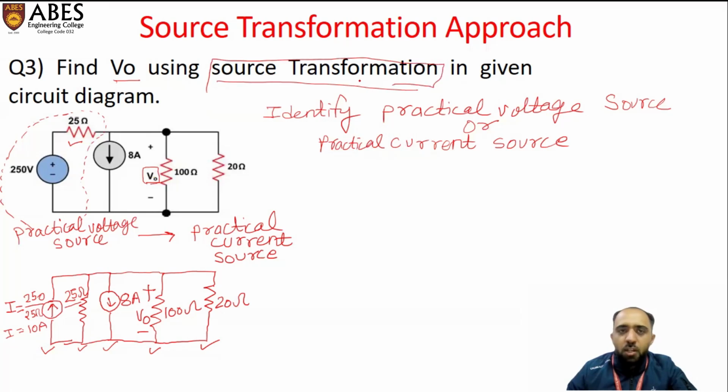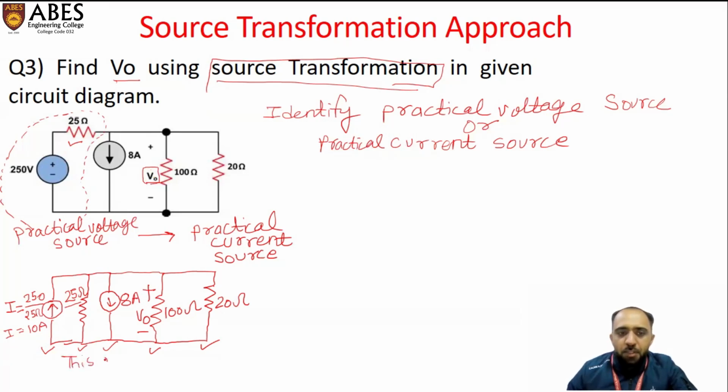We want the given circuit to be converted into fully parallel or fully series so that we can apply current divider or voltage divider in an easy way and find out the voltage or current in any part of the circuit. So this is all parallel.